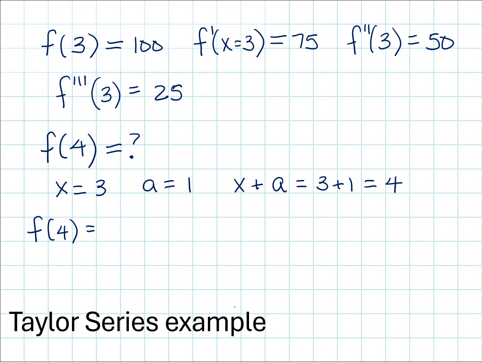So my first term is going to be f of x. So my f of 3 term. My second term is the first derivative of f of 3 multiplied by a, which has a value of 1.